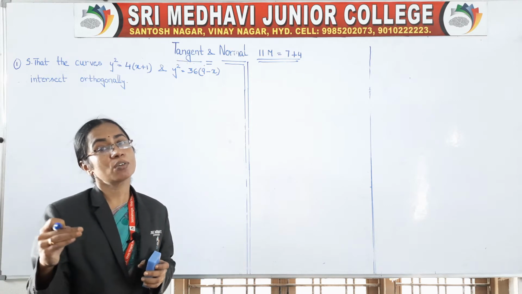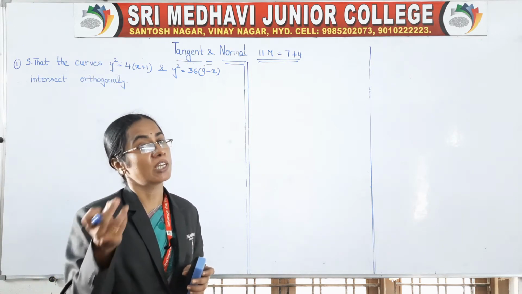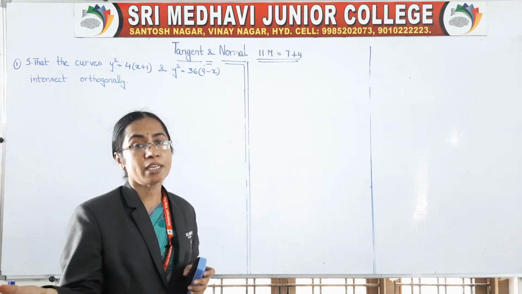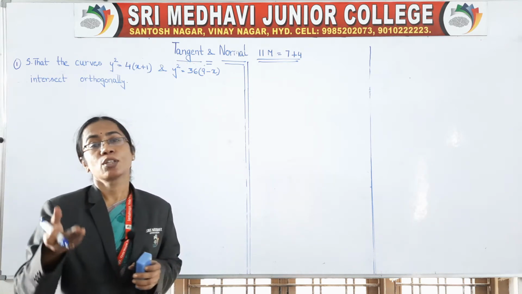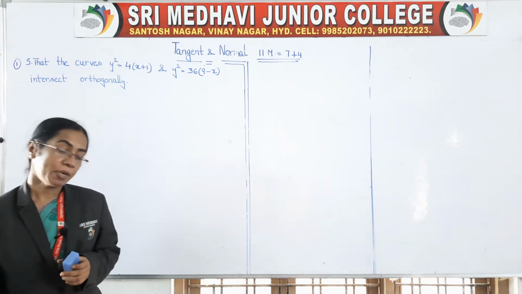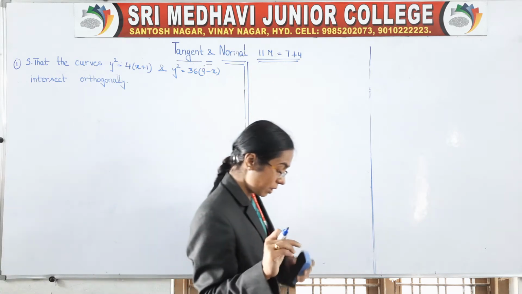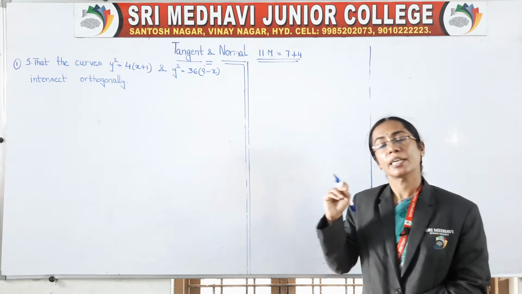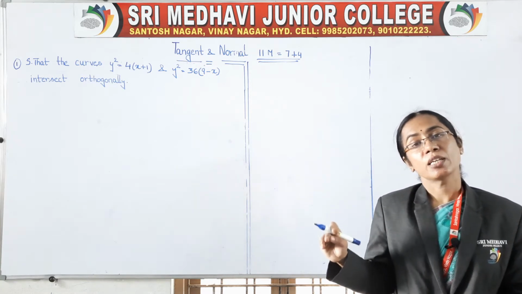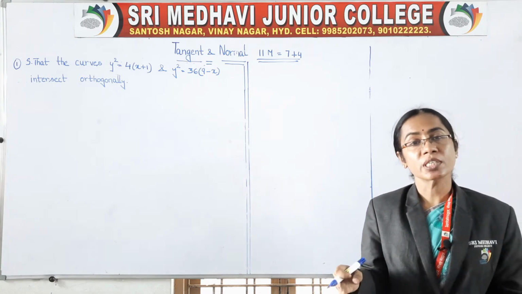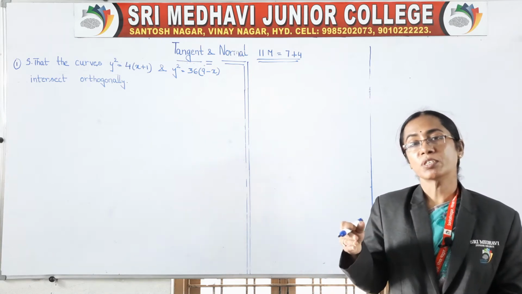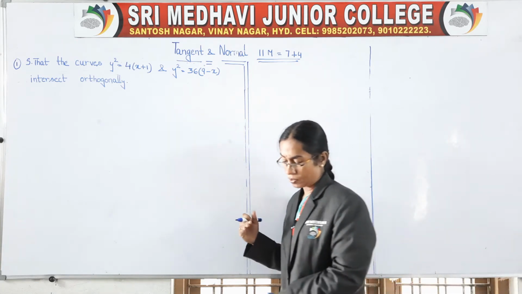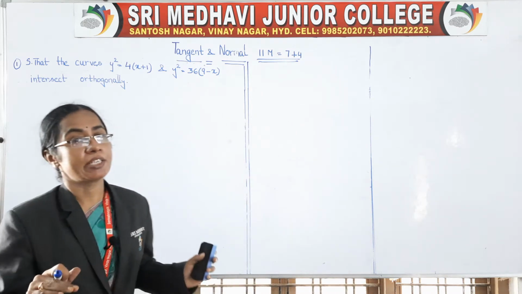Suppose the product of the slopes of these two curves at that point, m1 into m2, is equal to -1, then we can say that those two tangents are perpendicular to each other. Perpendicular to each other means the angle between them is 90 degrees. So the angle between the tangents to the curves is 90 degrees, which means the angle between the curves is also 90 degrees. That means the two curves are orthogonal to each other.